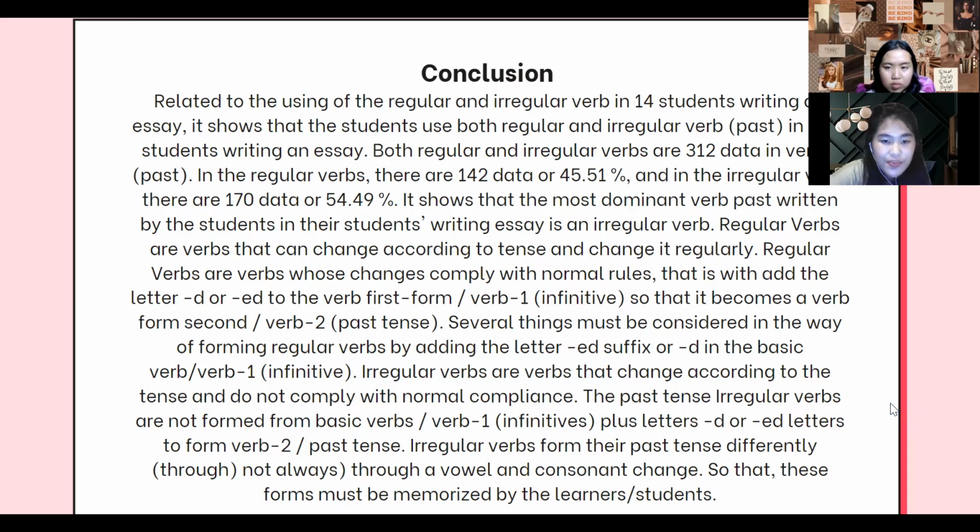Irregular verbs form their past tense differently through a vowel and a consonant change, so that these are for the students and the learners.